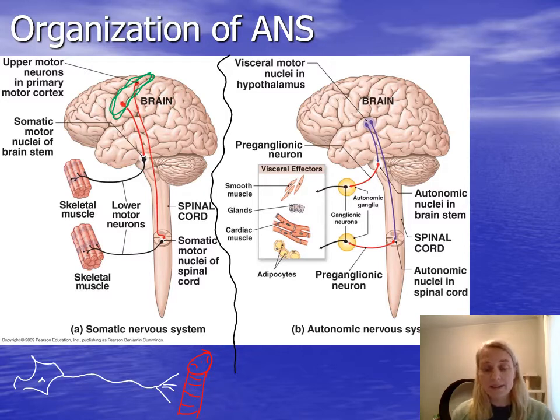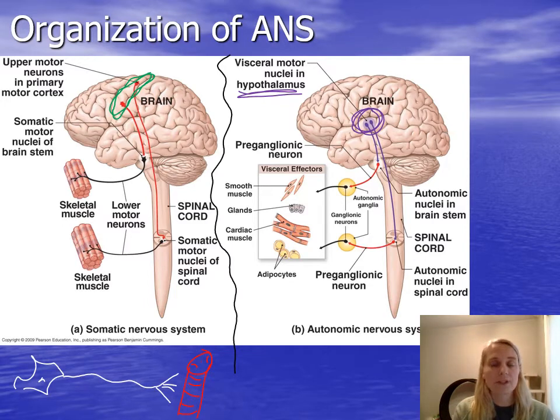Now on the right-hand side, structurally, so this is our structural difference. If you remember from chapter 14, again, going back to the brain, in our hypothalamus, this little center guy, part of the diencephalon, you can go back to the section in chapter 14 if you need to, but there were autonomic nuclei.